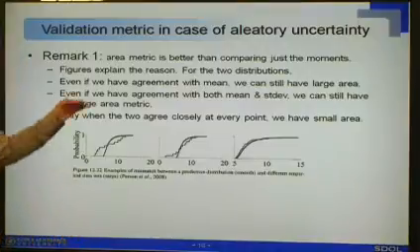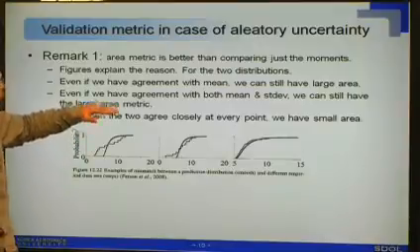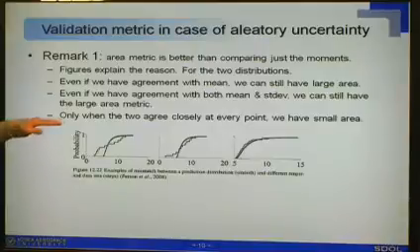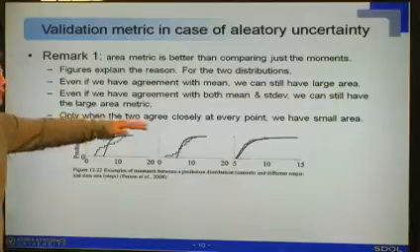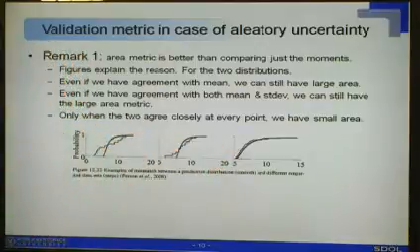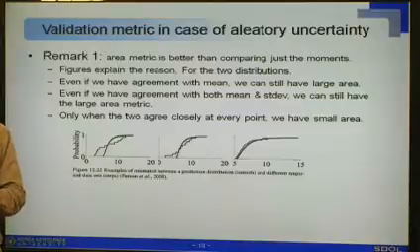In that case, using the area metric is much better to identify those differences. So the emphasis is that only when the two agree closely at every point, then we will say the two are in perfect agreement.